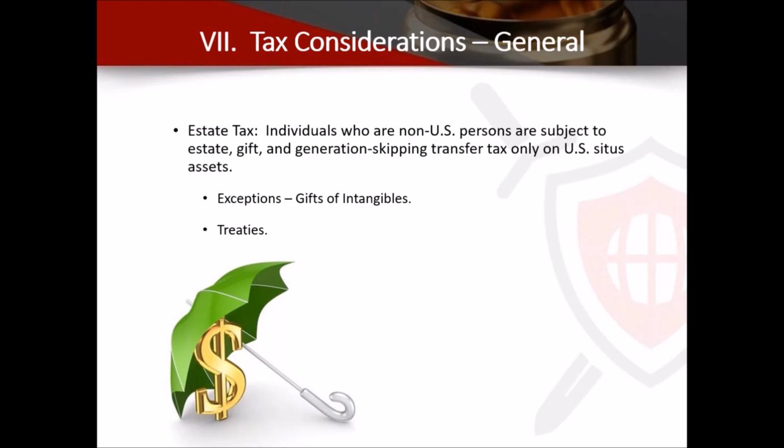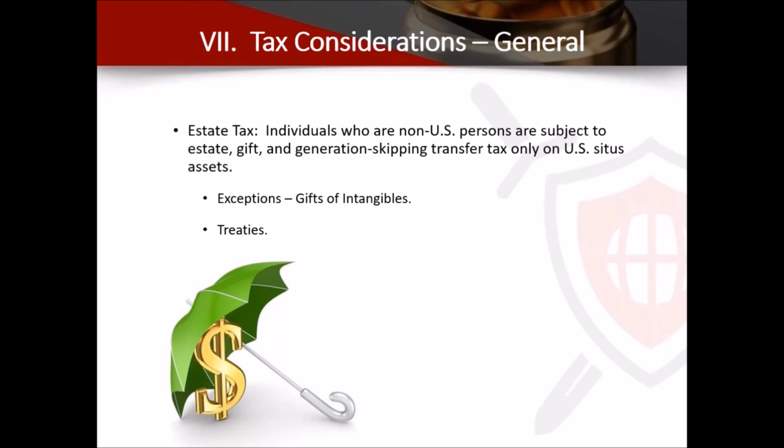And there's significant planning we can do around this estate tax. But if you don't do planning, which is 90% of the people, because we know they come through our office, you run into terrible problems if someone dies.